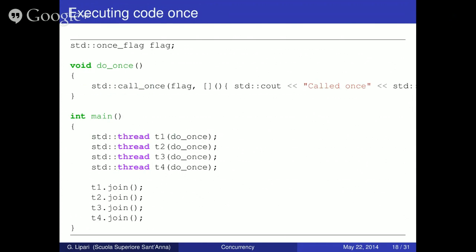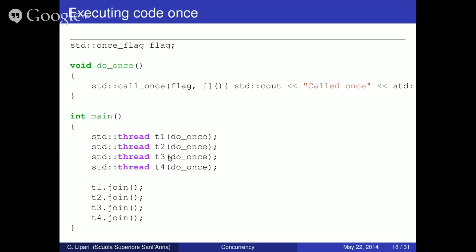Another nice thing that can be done is to execute some code only once. For example, look at this. We are going to define a flag of type once_flag, then a function do_once that will call a certain function, defined here as a single lambda function, and it will call this function only once.